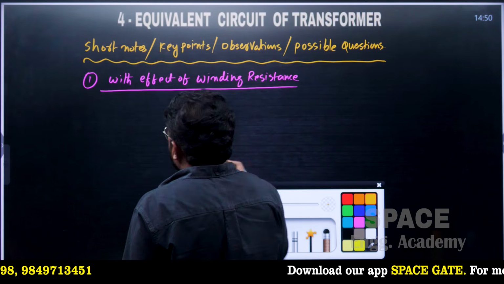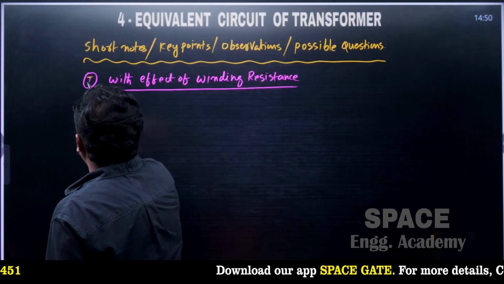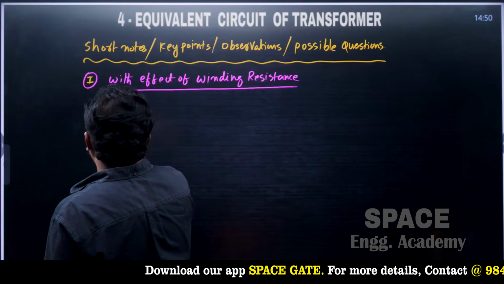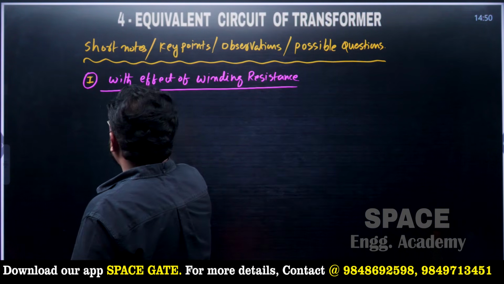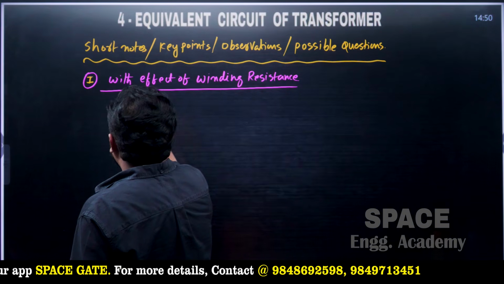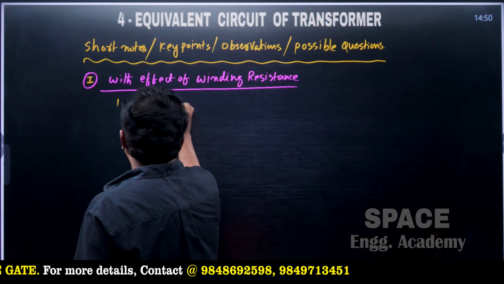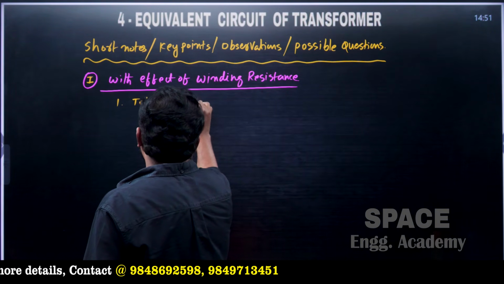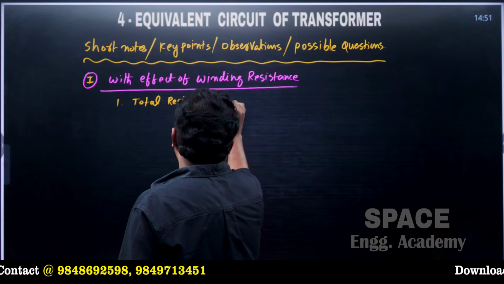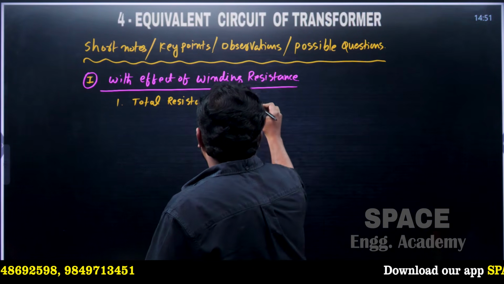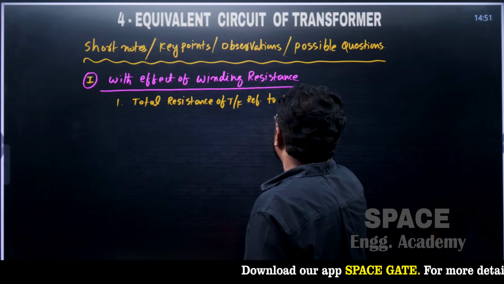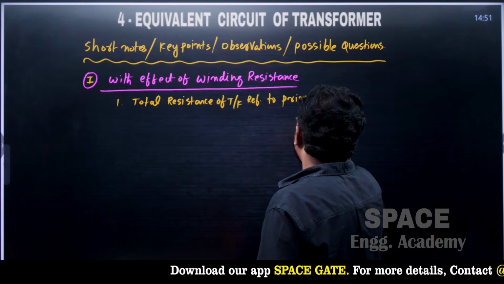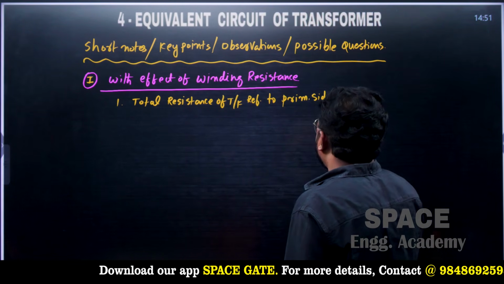In this first point, with the effect of winding resistance, one question is the total resistance of the transformer referred to the primary side. What is the formula?